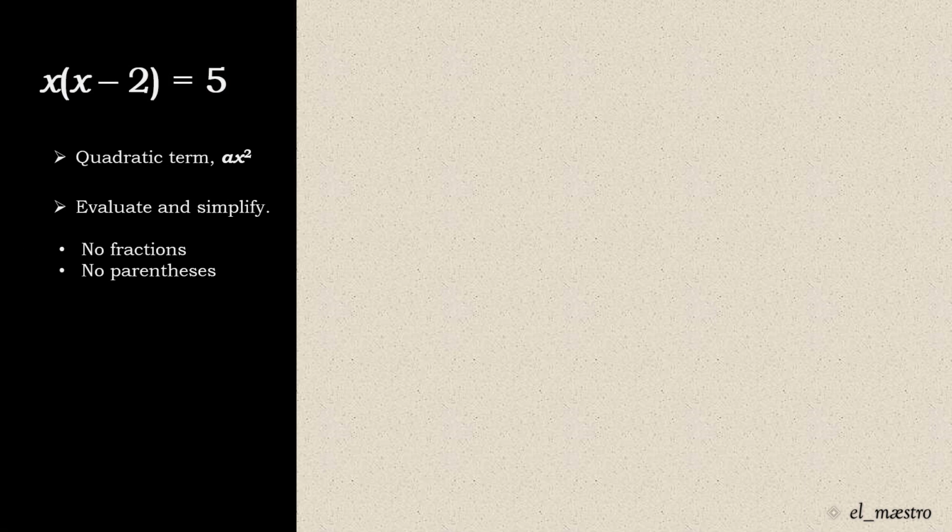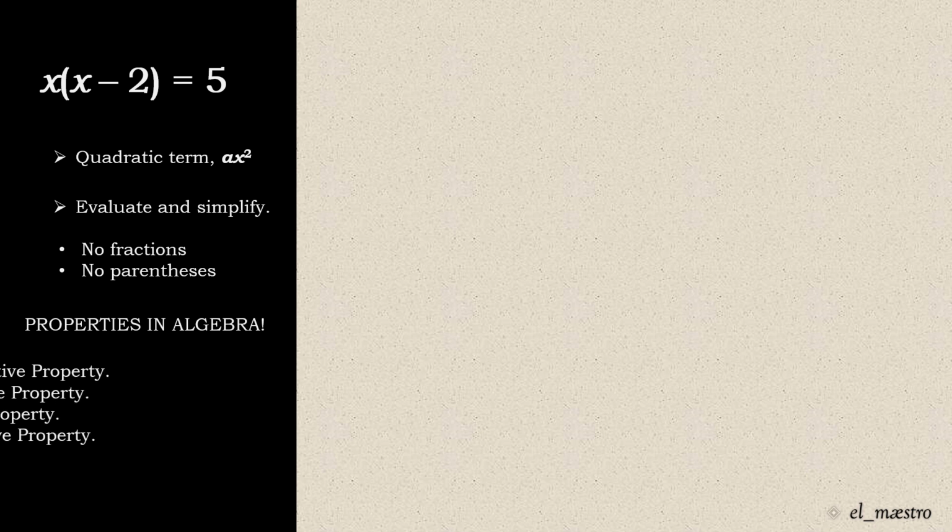Okay, so let's expound again. First, remember to find a quadratic term. If we cannot see it, evaluate and simplify, find if there is a fraction or parentheses. And also, do not forget the properties of algebra or properties of numbers.